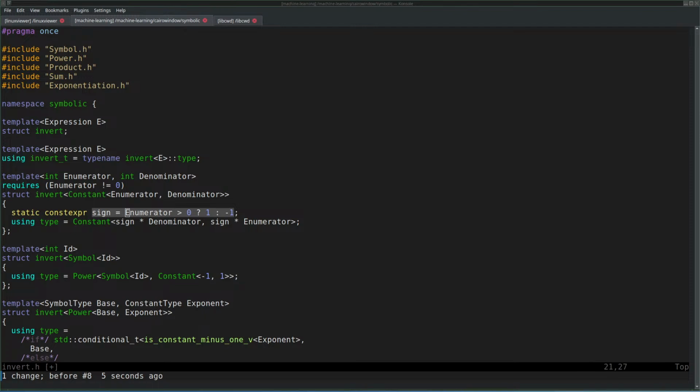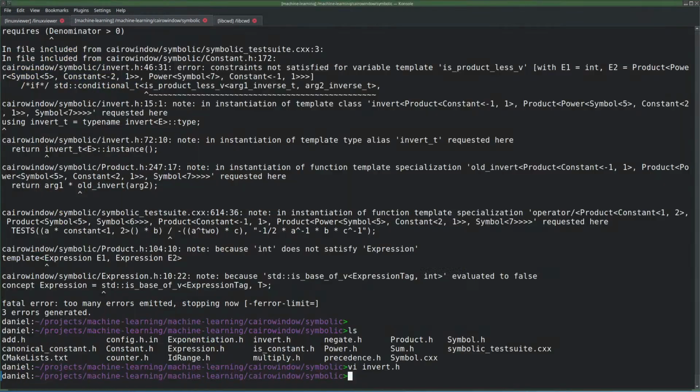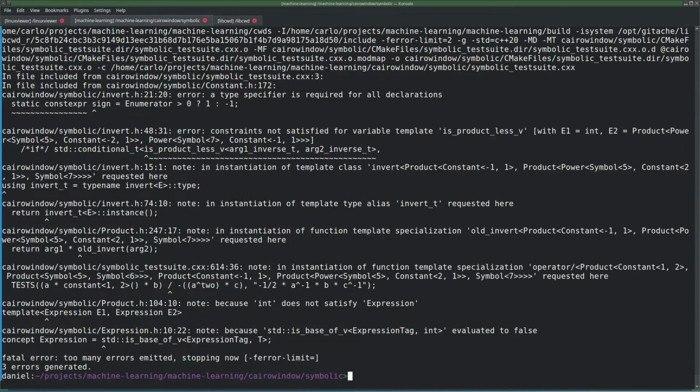Oh, it would be nice if I knew how to write it. Not precedence. Yep. No parentheses needed. Error. Oops.